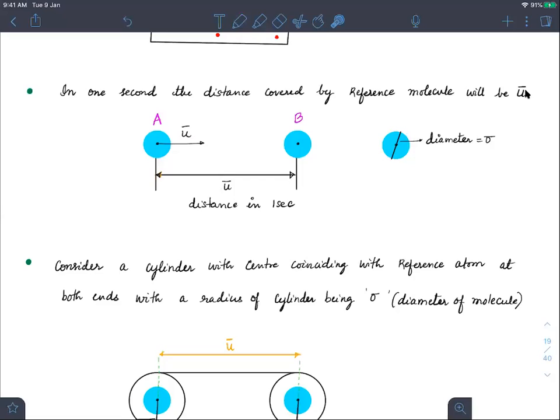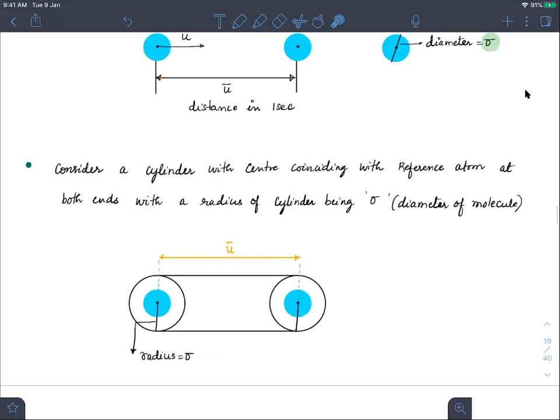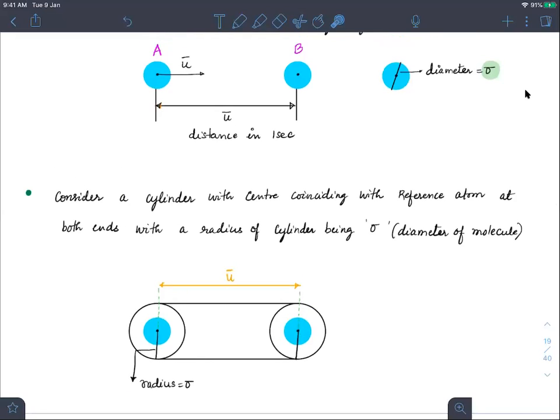Yeah. And like I said, the diameter from now onwards, I'll represent it as sigma. So sigma is the diameter of that particle. Now I want you to assume a cylinder around this, such that the center of this cylinder will coincide with the center of the particle at position A and the particle at position B. So I hope you guys can imagine the cylinder, everyone, right?